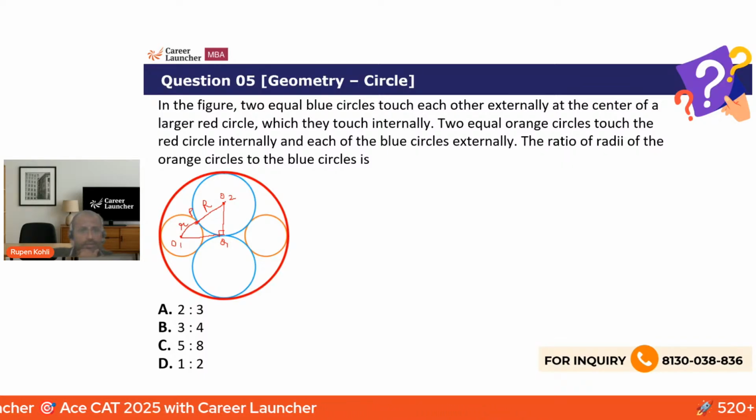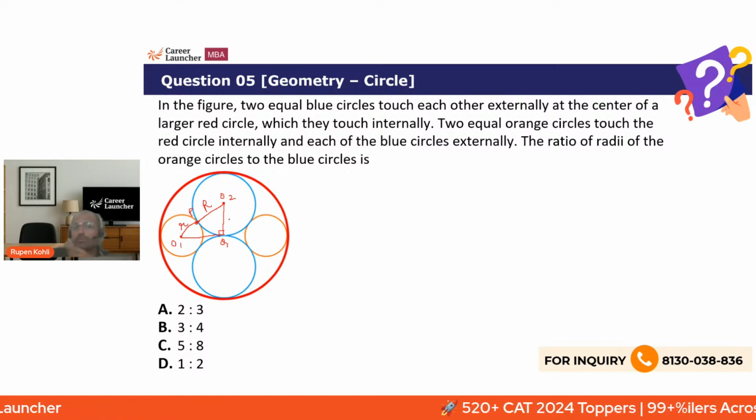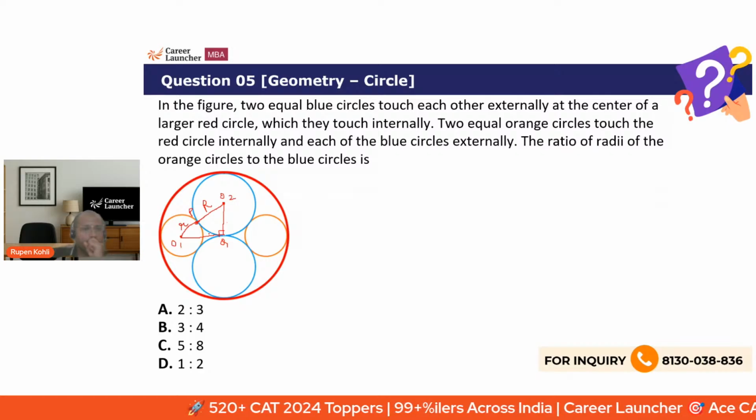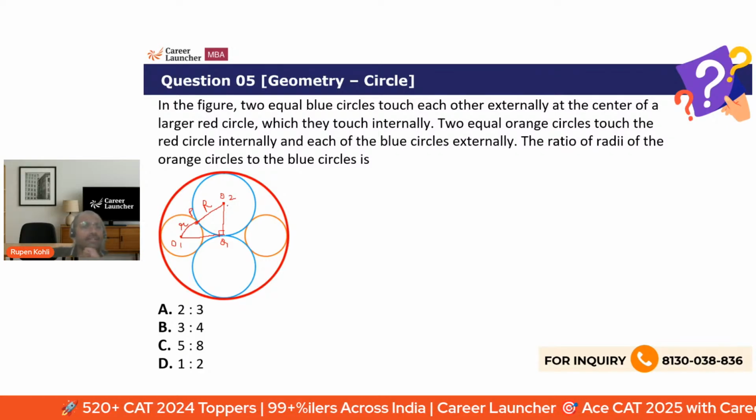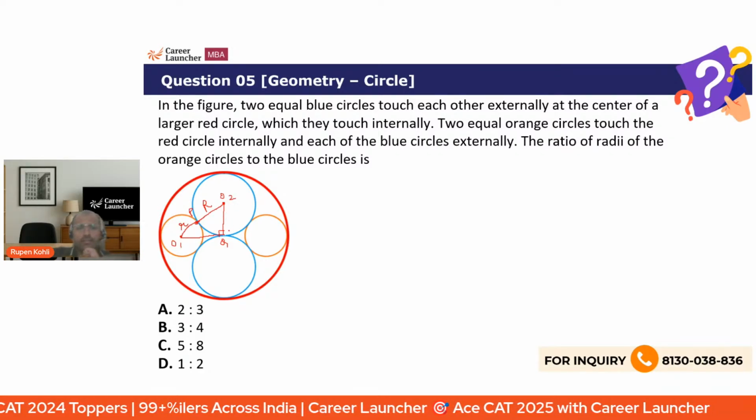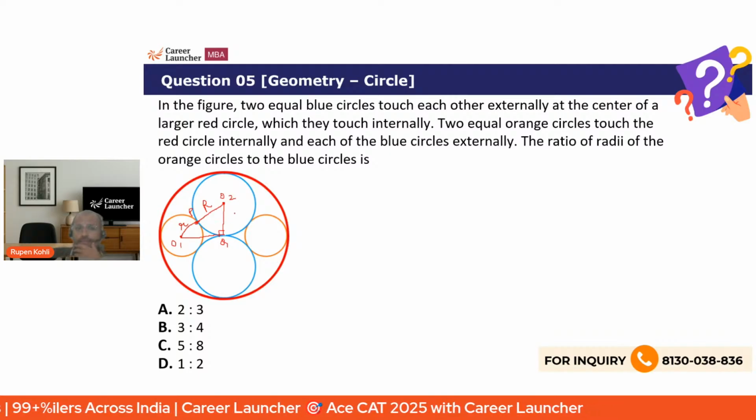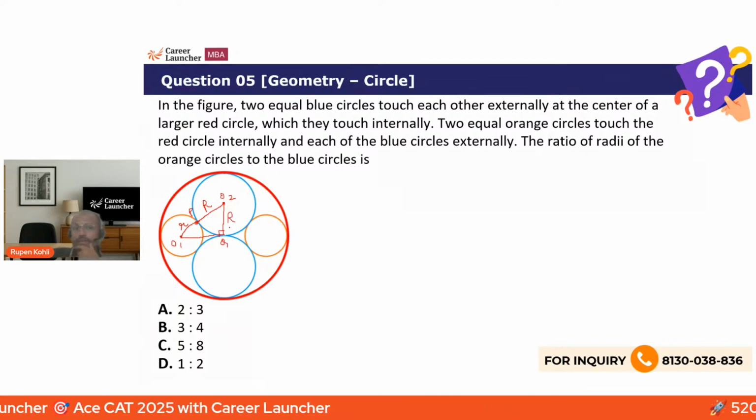Because O2Q is the radial line, O1Q will be tangent to this blue circle, right? Now we need to define the dimensions of this triangle in terms of the radii. Obviously O2Q is simply the radius of the large blue circle.